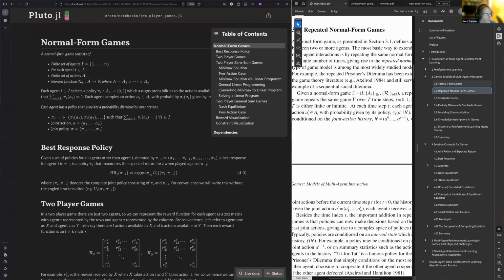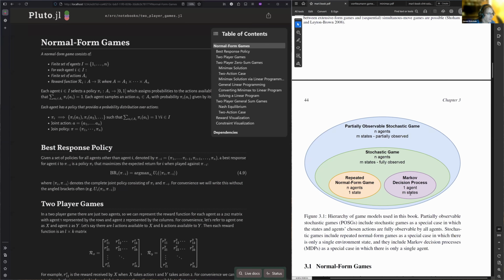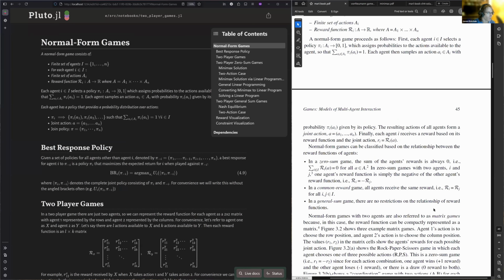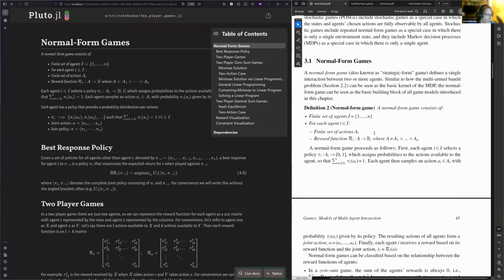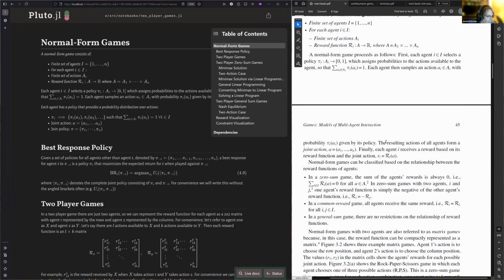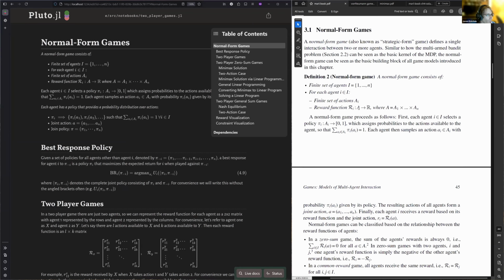So we have these normal form games where we have the complexity of having multiple agents and the joint action, and we have the reward function, which tells us what reward each agent gets for the joint action.